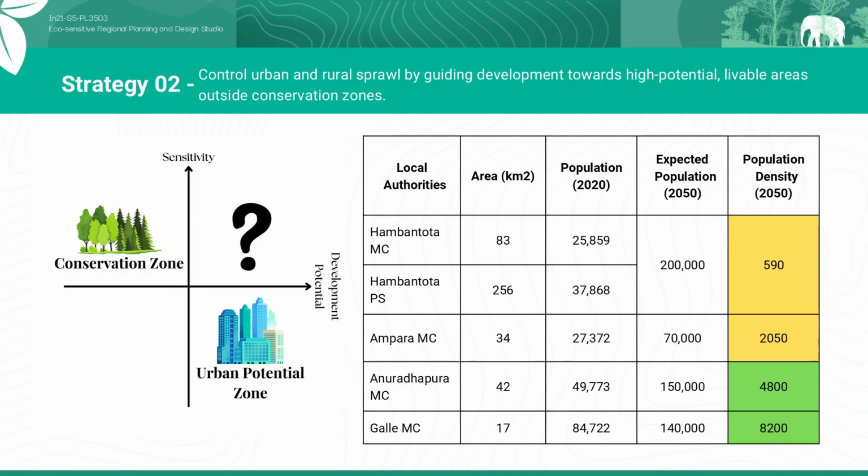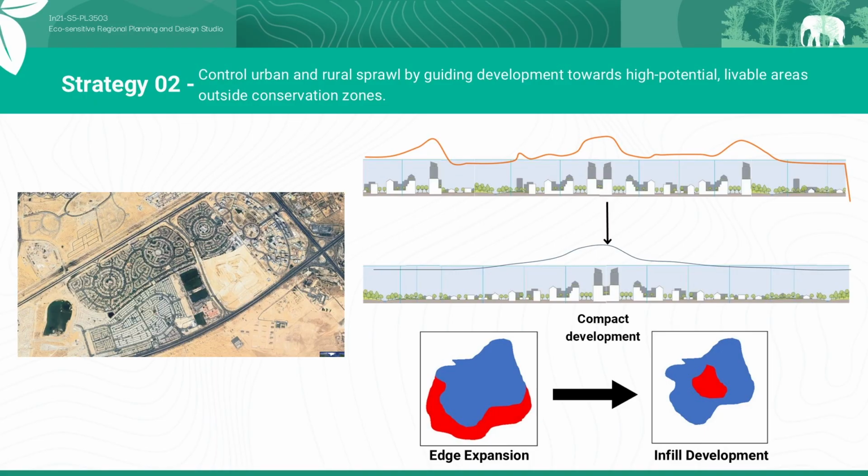This is where our group recommends that the National Physical Plan consider the proposed population density of that particular area when it comes to development. For example, in the metro region Hambantota, you can see the population density is very significantly lower than the goal. So rather than an equal hierarchy level, we can reduce the area extent of the Hambantota Municipal Council area.